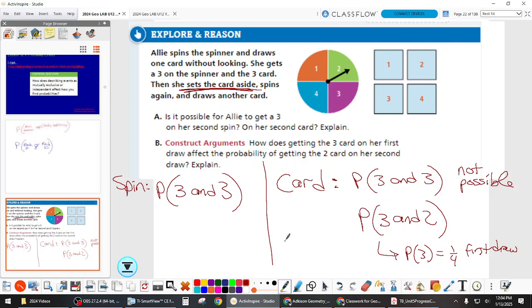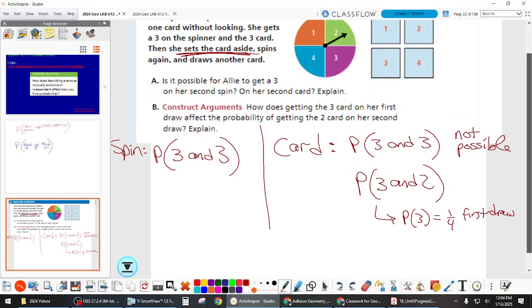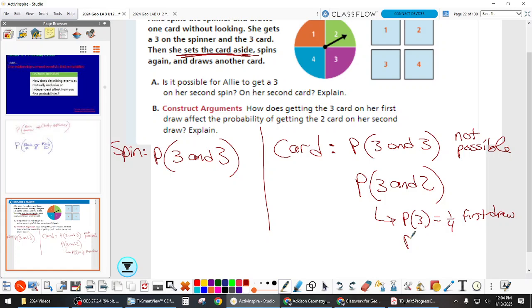Okay. What happens now, though, is she sets that aside, and what's the probability of drawing a 2 on the second draw? One out of 3. It's 1 out of 3. Now, why? She only has 3 cards to choose from.